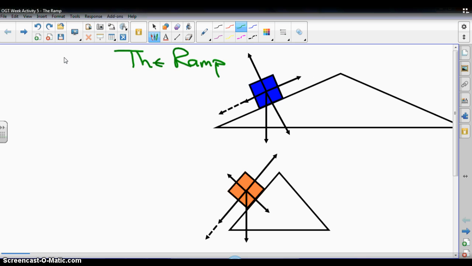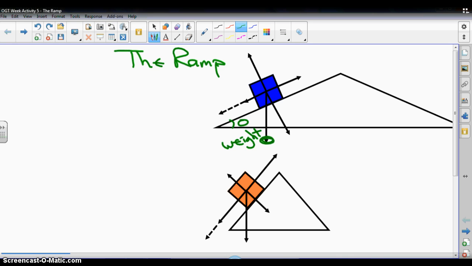And in order to understand it, we need to reach a point where we understand the two pictures that you see here. First, let's just kind of label things and think as we go. This vector right here is the weight of the box.